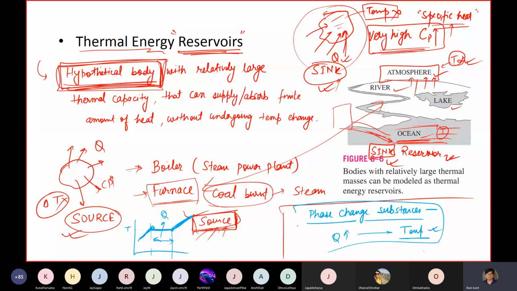One more thing I want to talk about in these thermal energy reservoirs is something called thermal pollution.